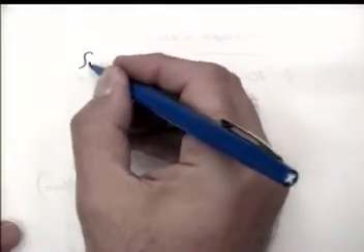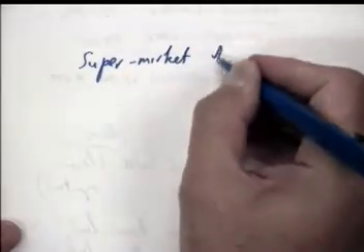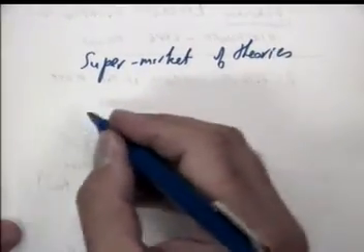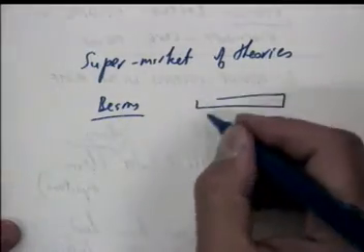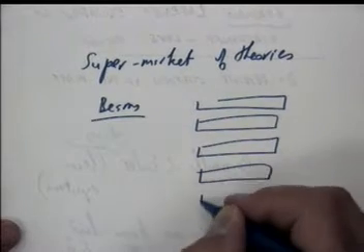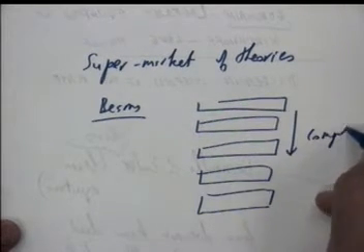Okay, so actually we have a supermarket, I would say, a supermarket of theories. In beams, we have Bernoulli-Euler, then we have Timoshenko, Bress, and we have many theories. Complexity increases.